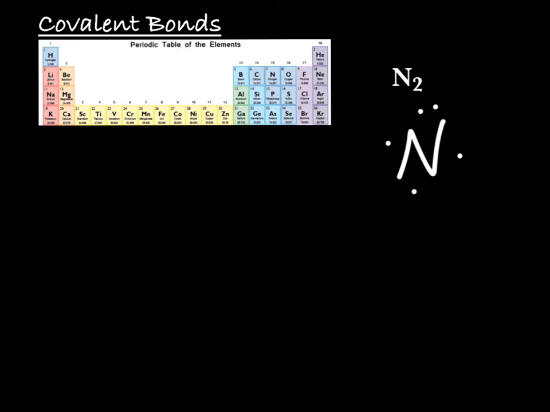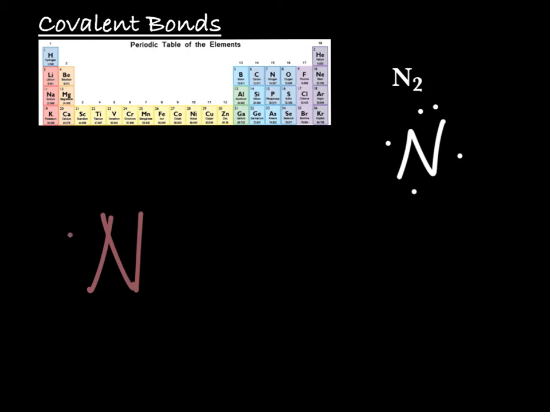So I'm going to redraw this Lewis dot diagram. I'm going to break a little rules here just so it's easier when I'm showing the sharing of electrons. I'm going to take these 2 electrons that I have up here and move them to the side.